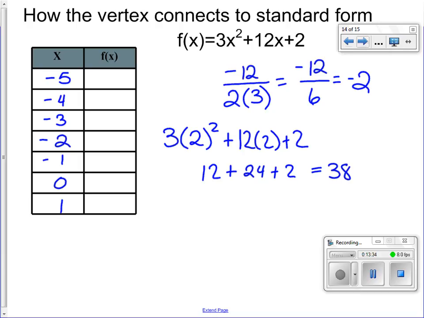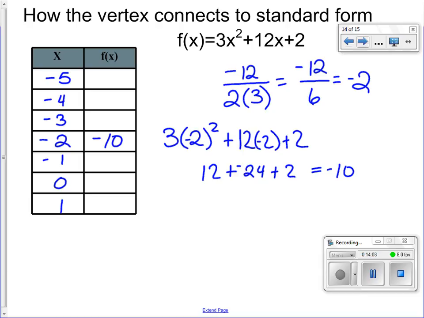So let's see, negative 12 plus 2, that'll make that a negative 10. Our vertex should be at negative 2, negative 10. Sorry, I left my negative out at first. Just goes to show how important negative signs are. All right, but let's keep going.